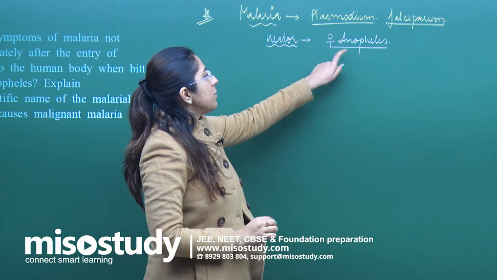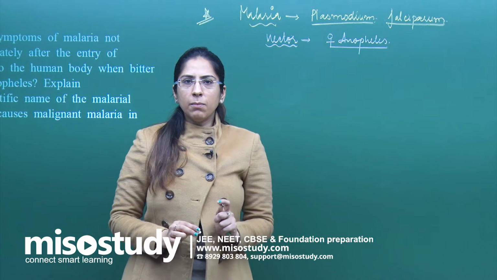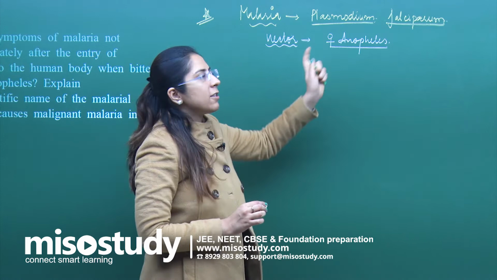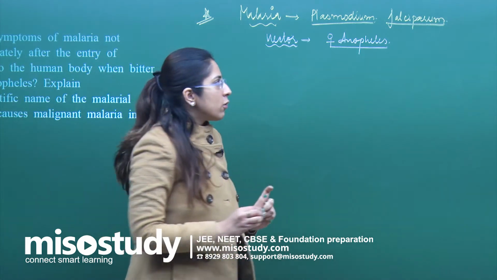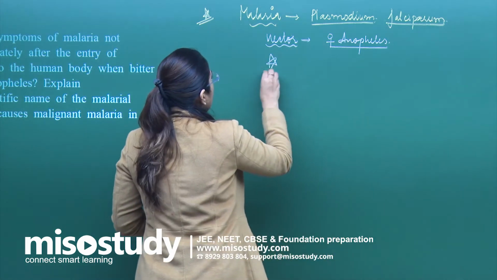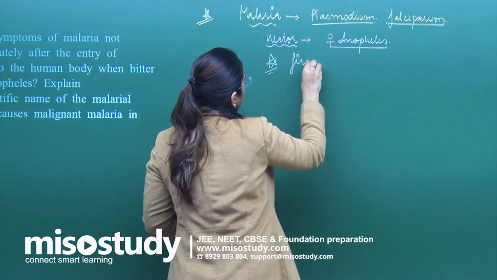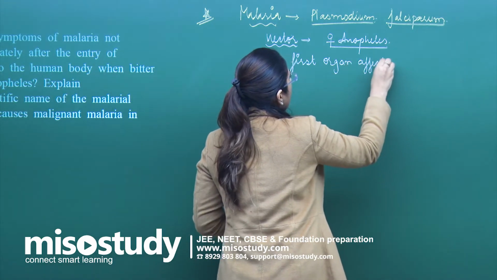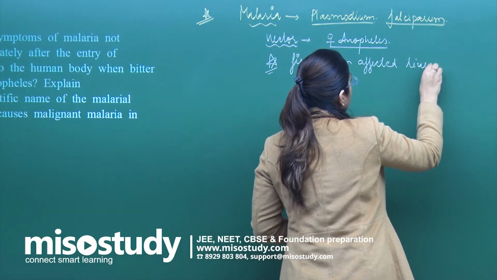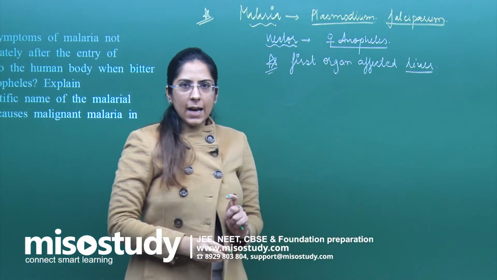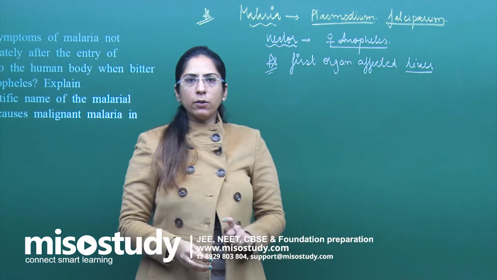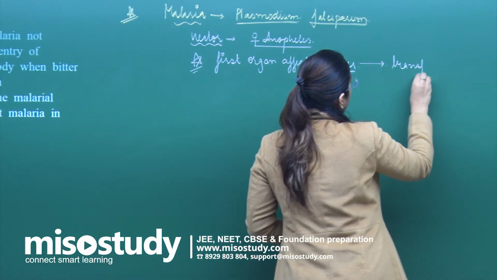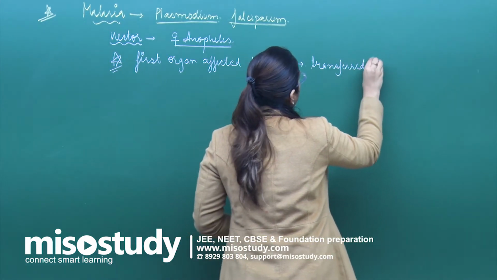When a normal person is bitten by this female anopheles, this causes a transfer of this Plasmodium falciparum into their body. So, first of all, what happens is, the first organ which is affected is the liver. Right? The exact cycle is, first of all, these hepatocytes are affected, and later on it is transferred to blood.